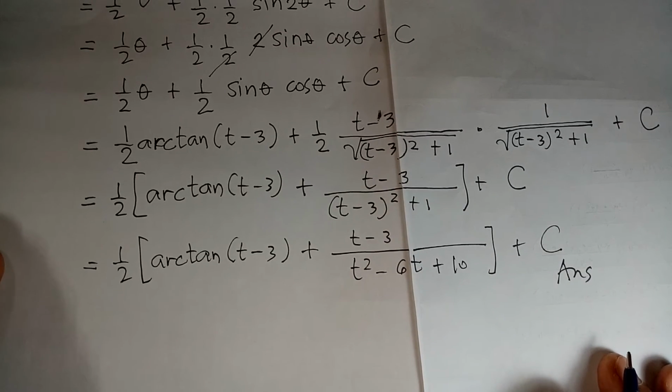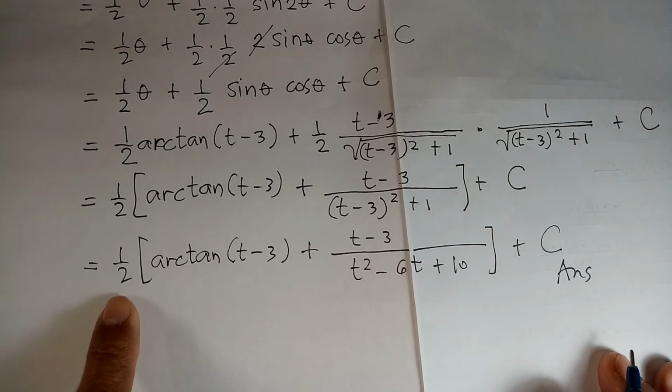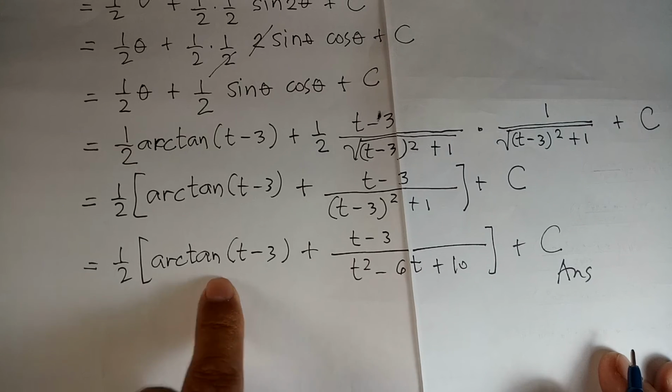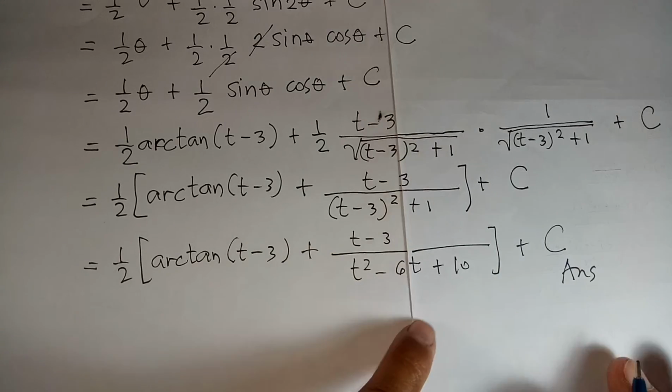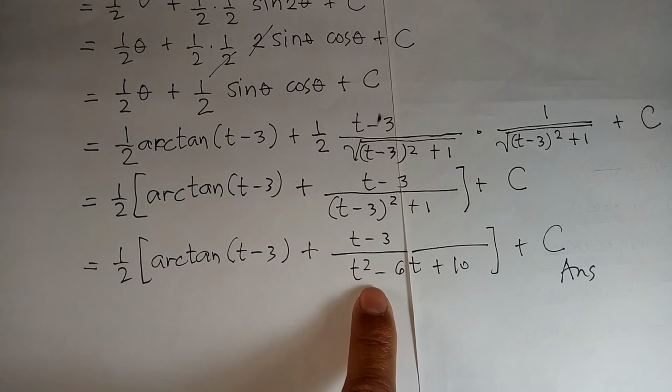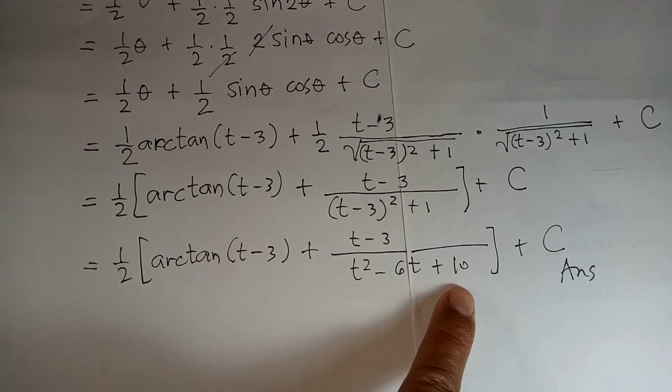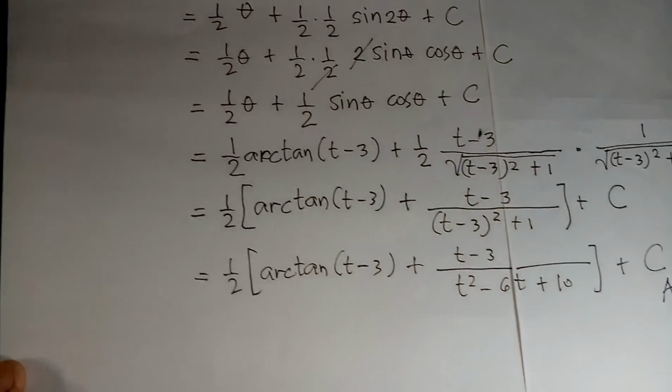This is now our answer. So, final answer natin, 1/2 arctangent of t minus 3 plus (t minus 3) divided by (t squared minus 6t plus 10). Okay.